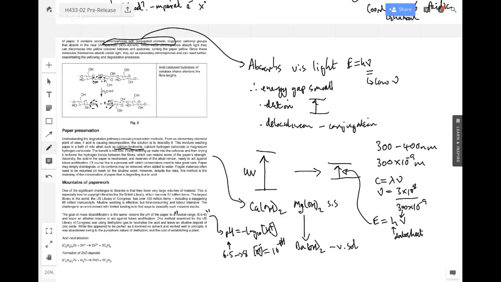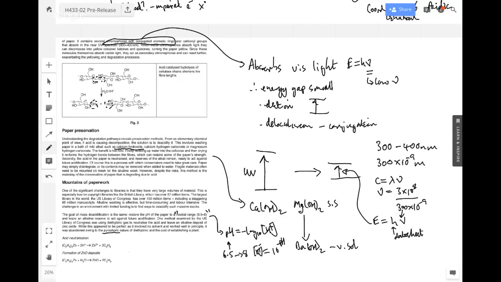And there's a bit of interesting chemistry down at the bottom here. It talks about this diethyl zinc, and it tells you that it's pyrophoric. That means it spontaneously ignites, which is quite cool. So it bursts into flames, which is potentially a problem.